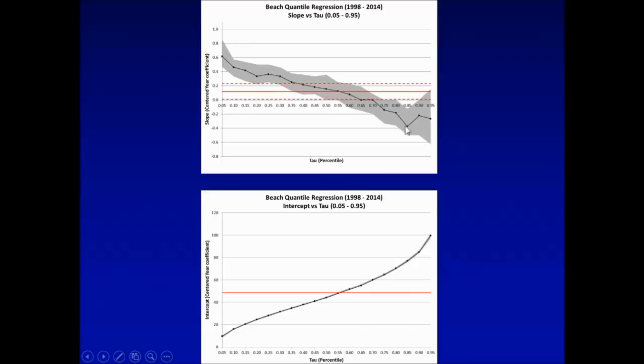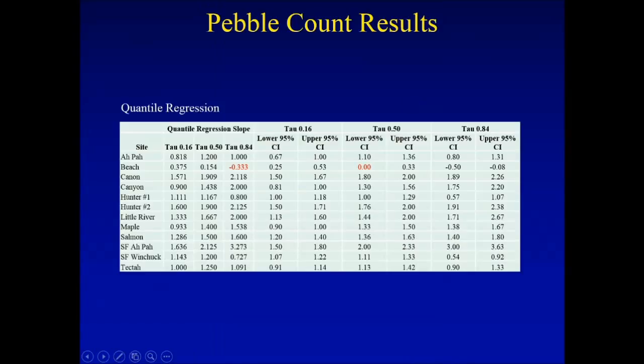So you get these two graphs, and basically you can get the full range of the distribution and assess the significance of those slopes as well, which is the gray bars, the 95% confidence. If those gray bars are not crossing 0, you know that at each one of those percentiles you have a statistically significant trend.